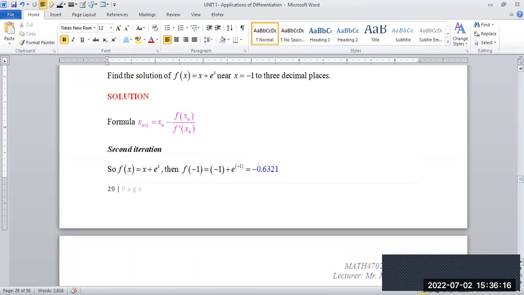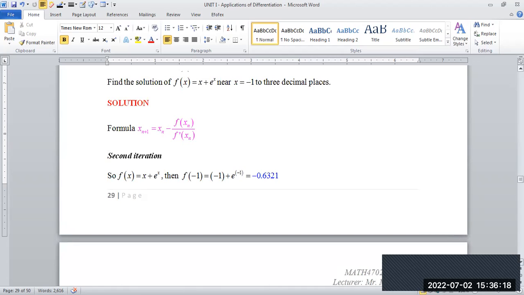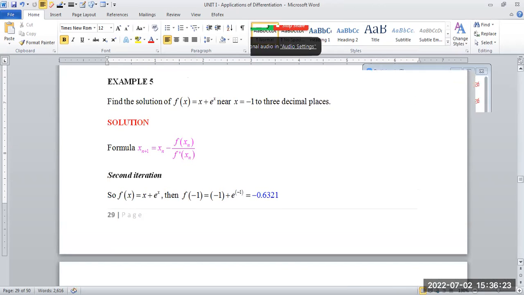You want me to scroll all the way up or down? Up to the question. Oh, up to the question. Here you go.